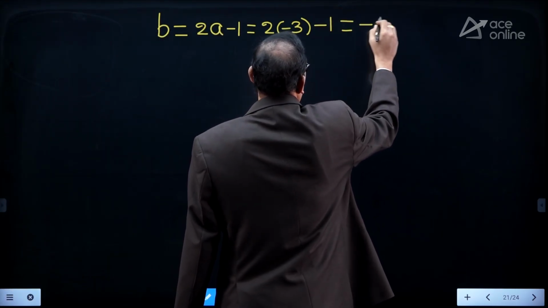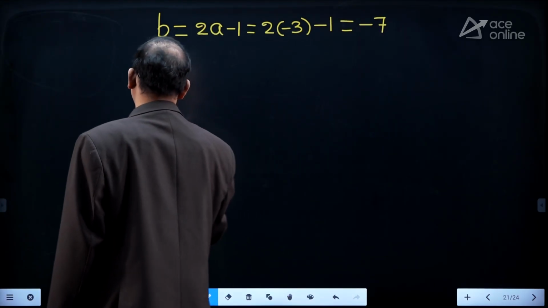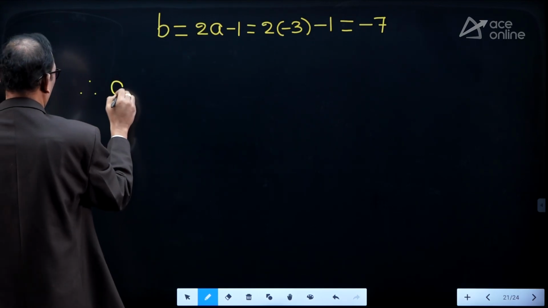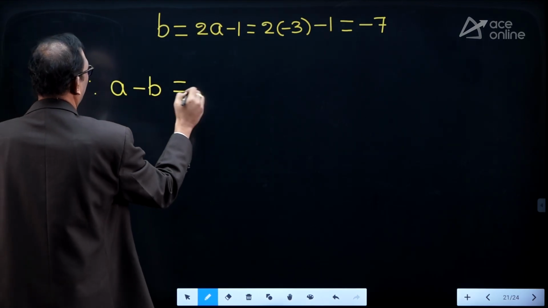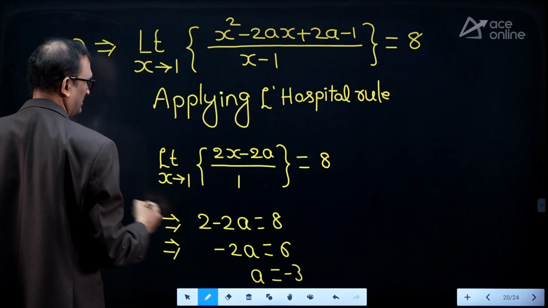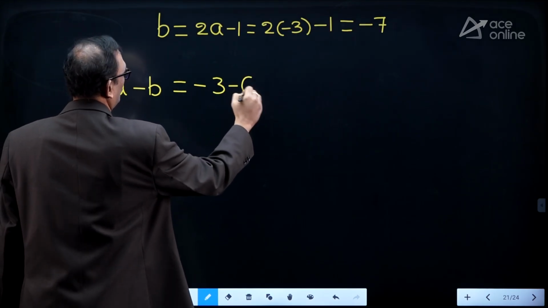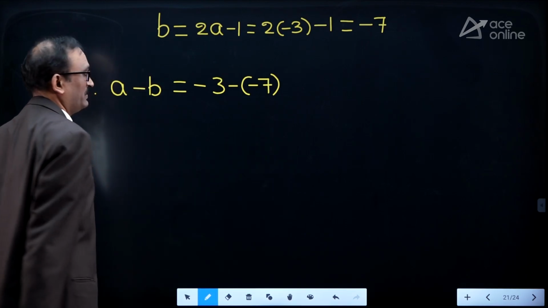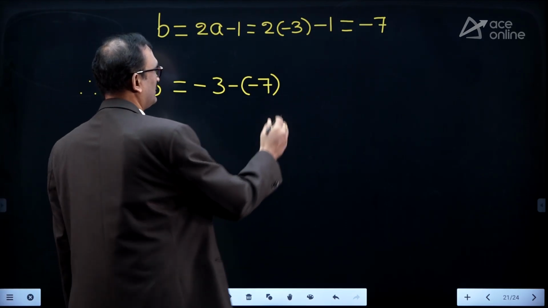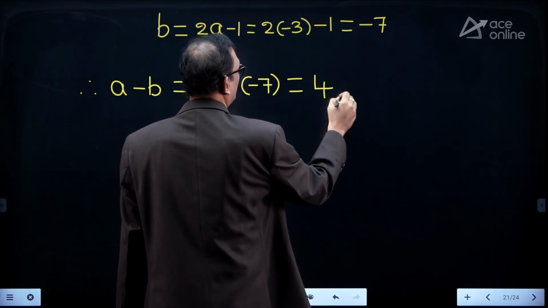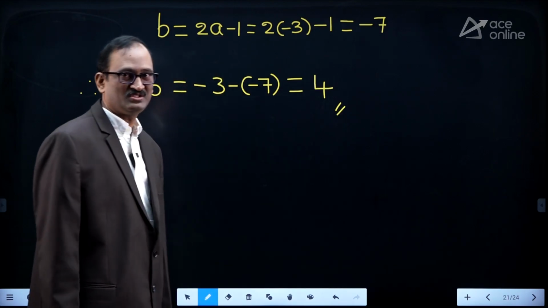So what were we asked to find? a minus b. The a value is minus 3, minus the b value minus 7, so minus of minus 7 is plus 7, and 7 minus 3 is 4. Therefore the a minus b value is 4.